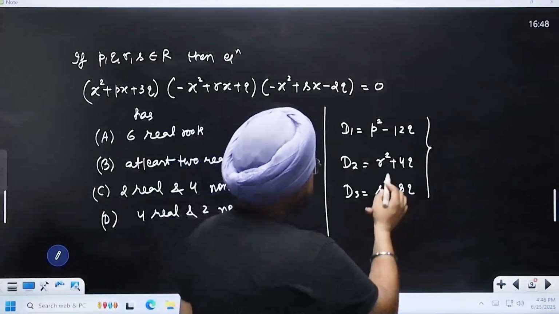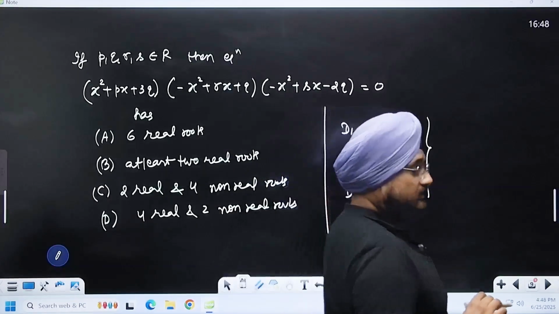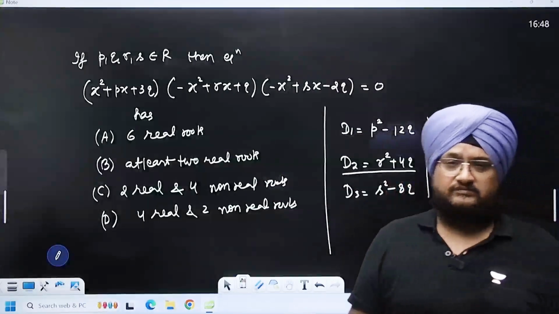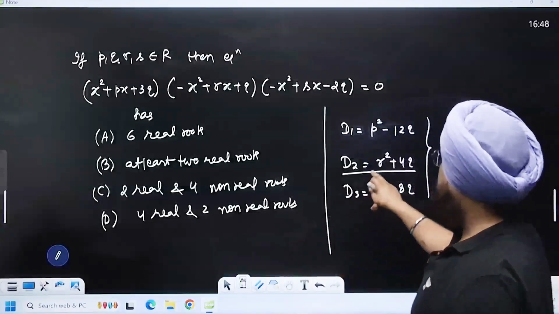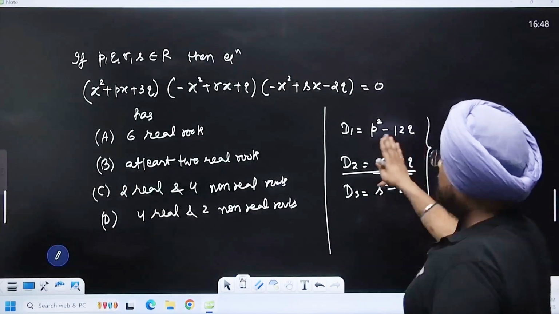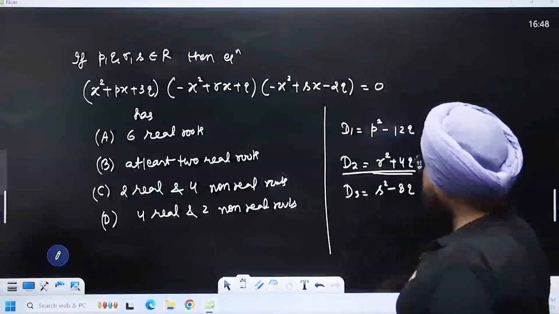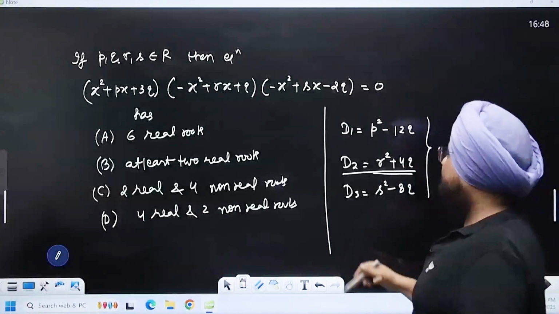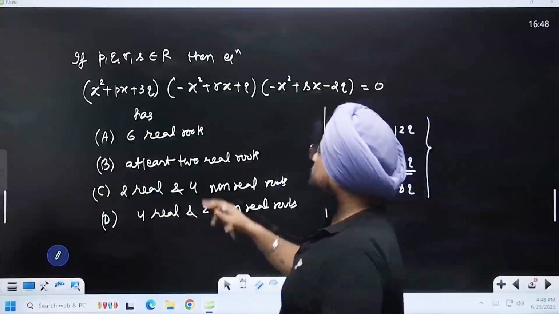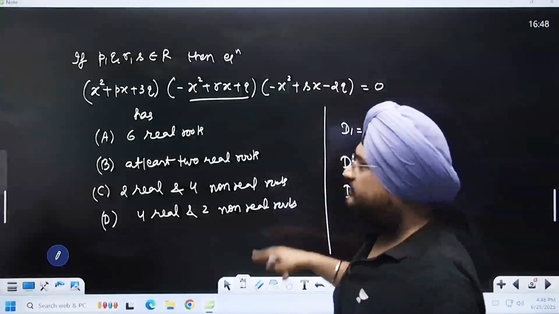Now if Q is positive, then D2 will be positive. In this case, I do not know whether D1 will be positive or negative, D3 will be positive or negative, but I surely know that for Q greater than 0, D2 is greater than 0, so this equation will have 2 real roots. I do not know about the first and third equation.